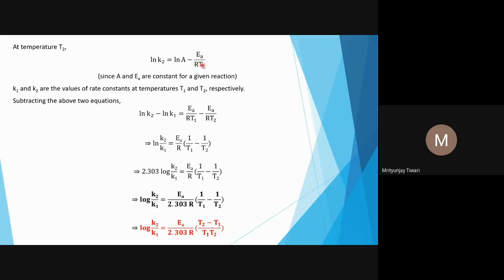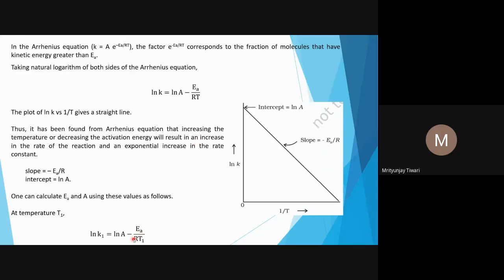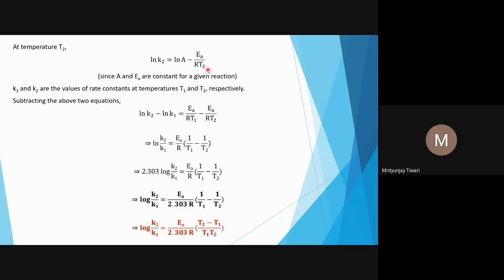Then on the right-hand side we get minus EA by RT2 minus (minus EA by RT1), so minus minus becomes plus. So we get ln K2 minus ln K1 is equal to EA by RT1 minus EA by RT2.